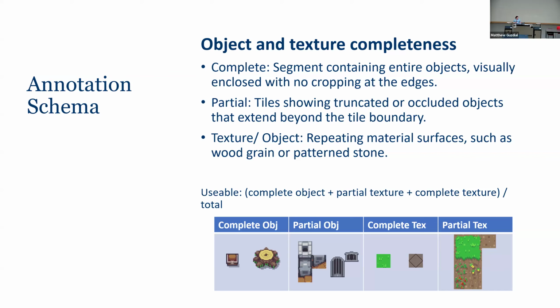This schema helps us understand which tiles are directly usable in generation and which ones require composition with neighbors. For example, here is a complete object, and what we call partial is like having half the object and duplicating, combining them together, and also just the texture or the picture, which cannot be used separately.